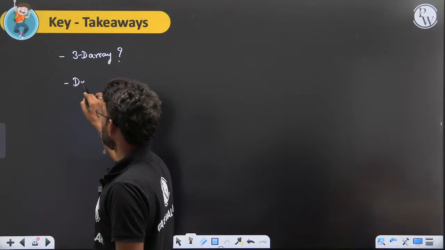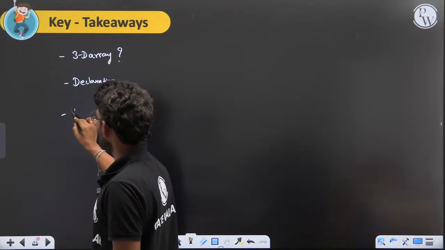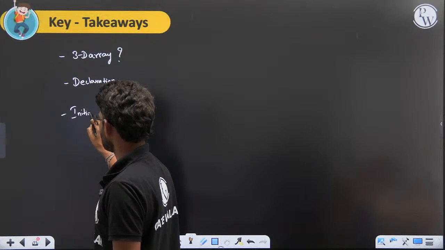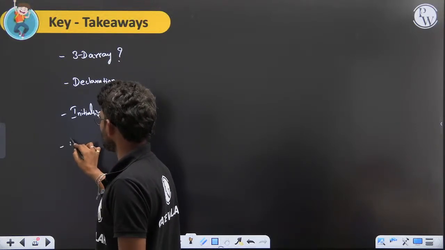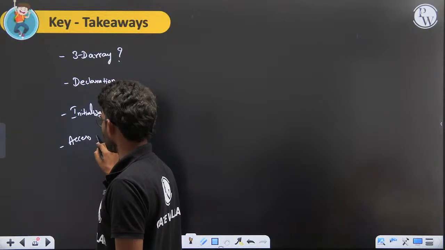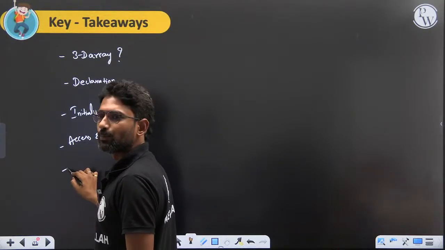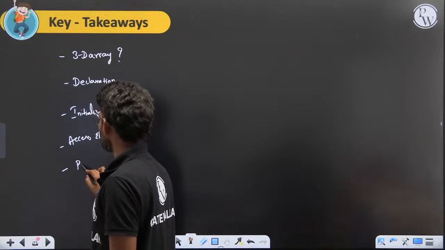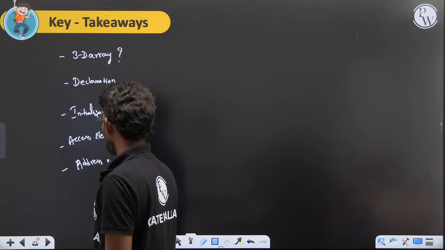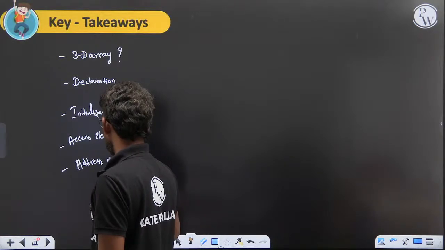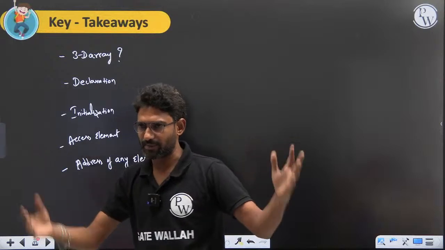And how do you declare it, how do you initialize it, how do you access each element with the index, and how do you find the address of any element in both row major and column major, starting from any random index.